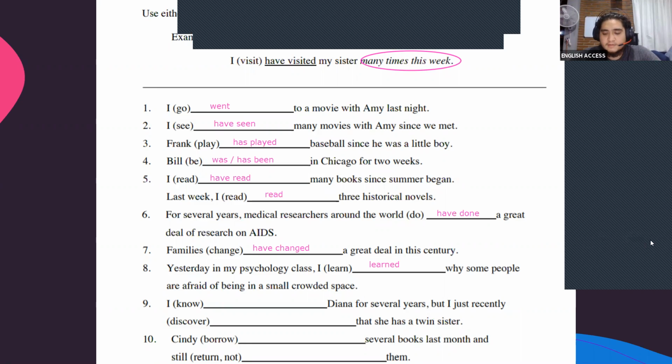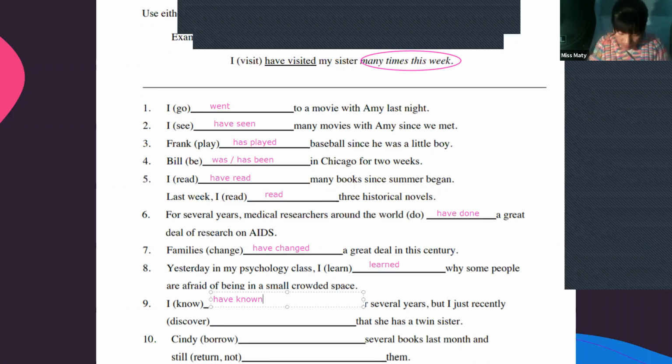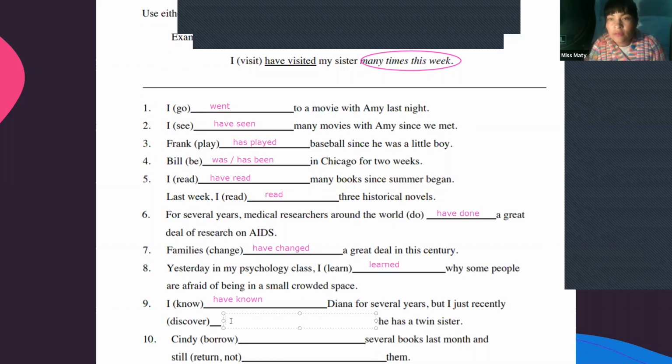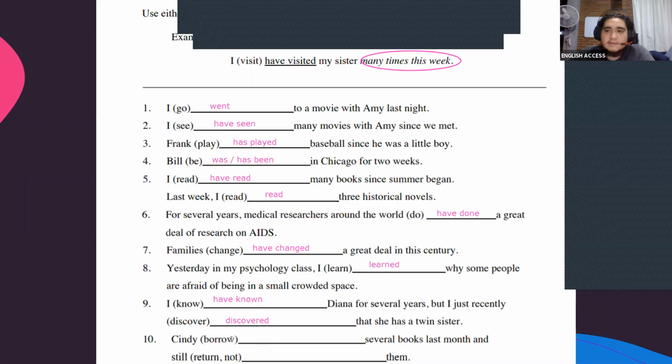I have known Diana for several years, but I just recently have discovered that she has a twin sister. Yes, very good. And the last one, Gina, please.